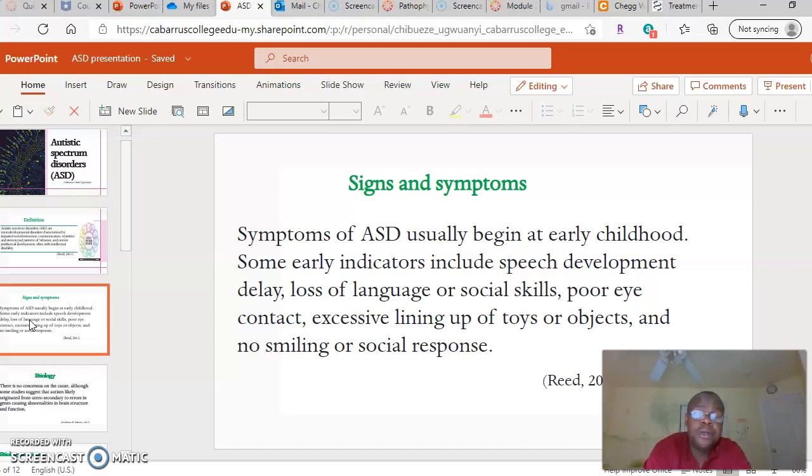Because most of the time we hear stories from families, they tell us stories like, oh, my kid was very active and interactive until he or she turned one. And even at one, the baby was doing everything okay, but during the transition from first year to second year, they started to notice the child was losing language skills, like communication was no longer as effective as it used to be.